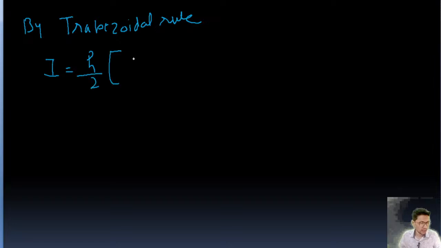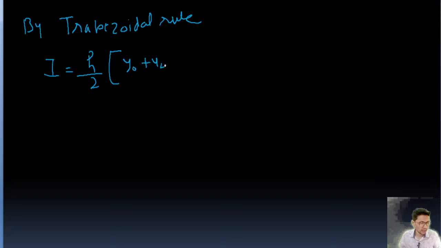By the trapezoidal rule, I is going to be h by 2, first term and last term, meaning y naught plus y4.